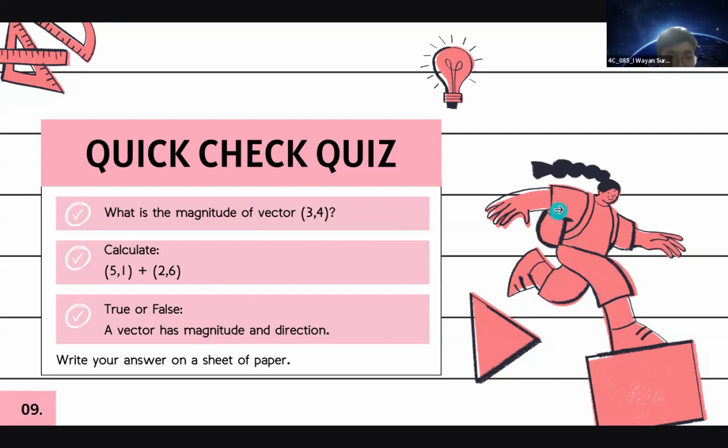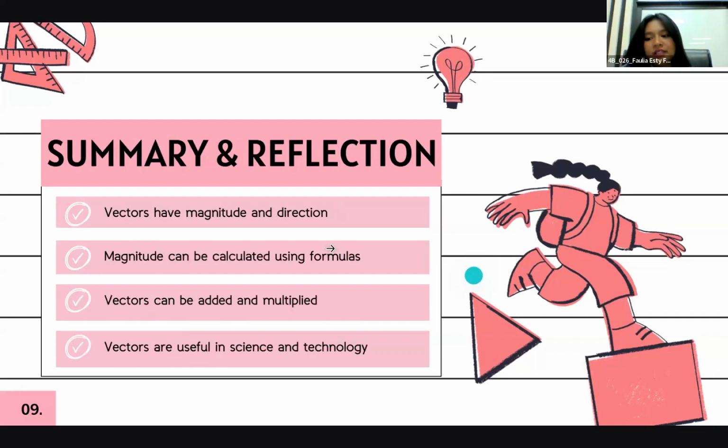Question number 3 is true or false: a vector has magnitude and direction. True. Okay, excellent.